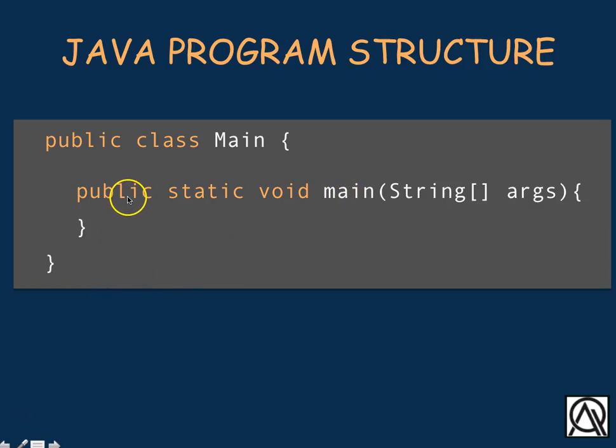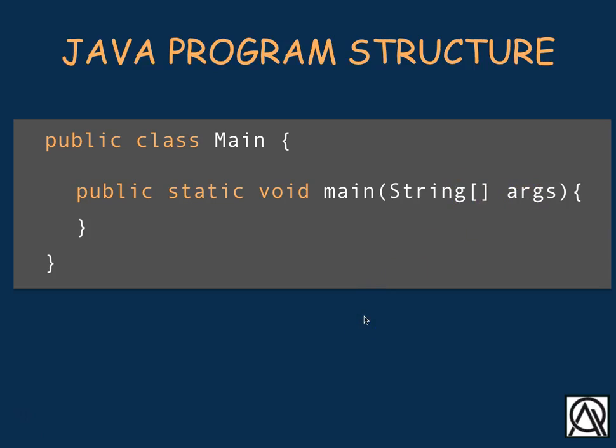It looks like this. We have a public keyword, which is an access modifier. Then we have static. This is another access modifier, and we will talk about it later in OOP. Then we have void, which is the return type, and after that we have our main method. And we have parentheses, and inside of parentheses we have the parameters.